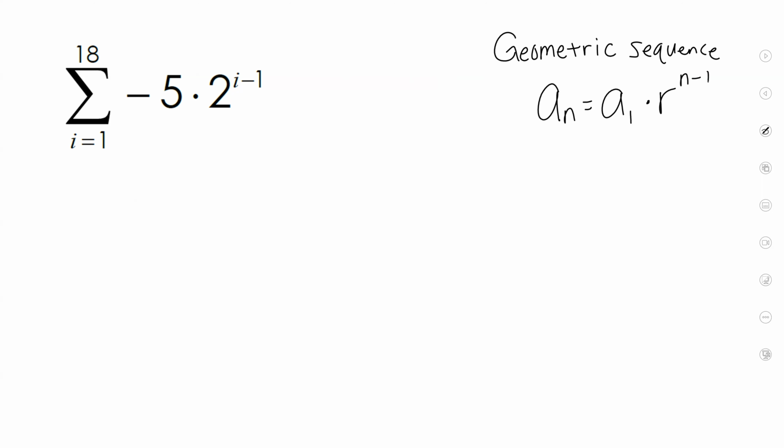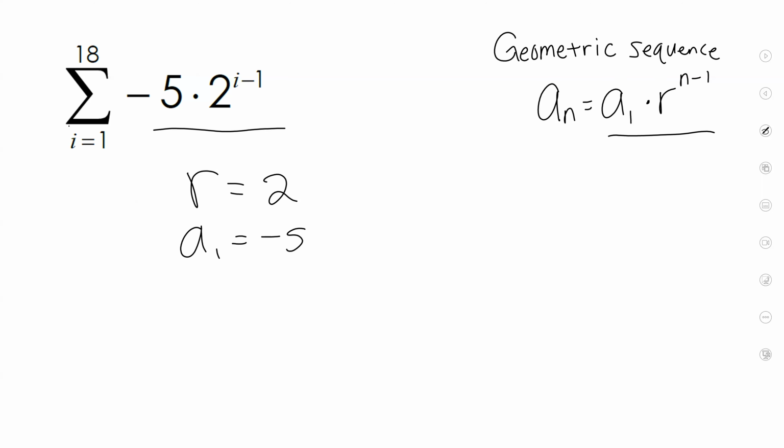Perfect. So this was the geometric sequence formula. Looking at this, can you tell what the ratio is? 2. Can you tell what the first term is? -5? Okay, well, let's check and make sure.